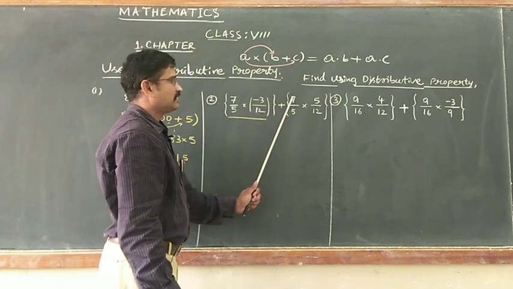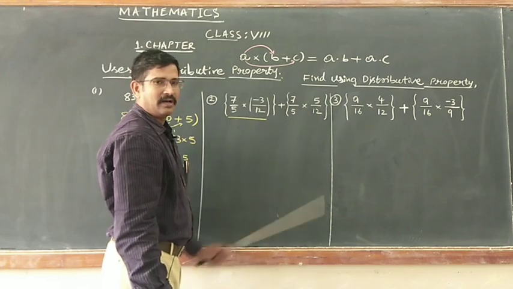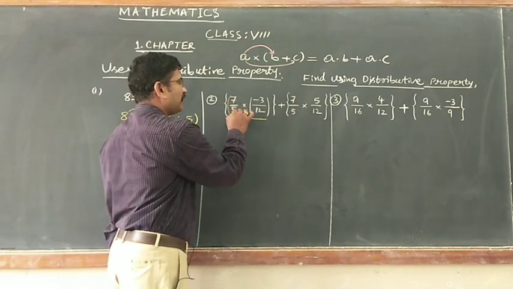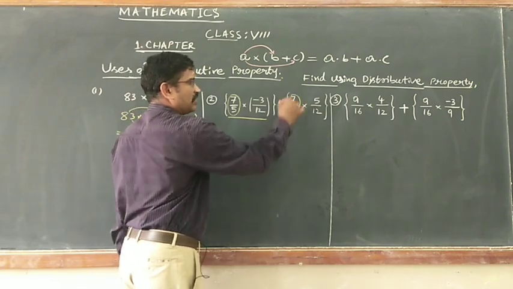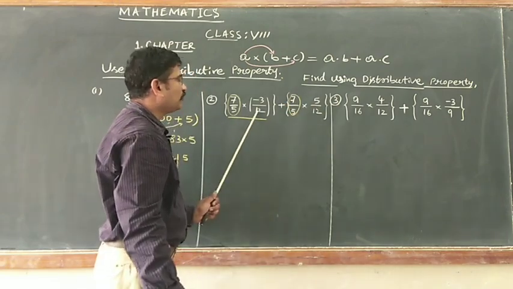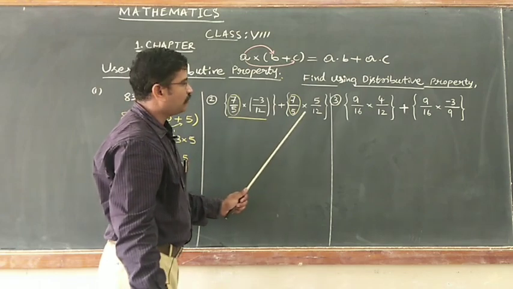plus 7 by 5 into 5 by 12, where this 7 by 5 is a common rational number in the individual products.